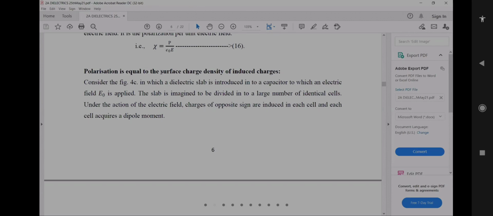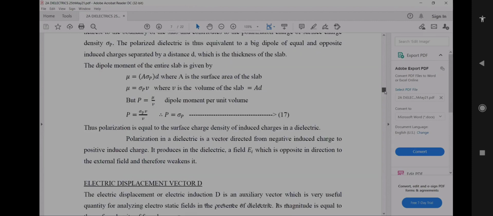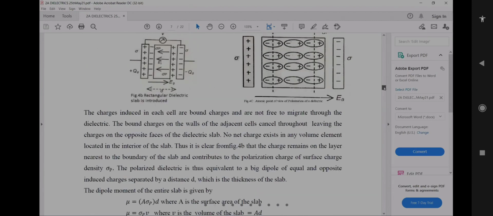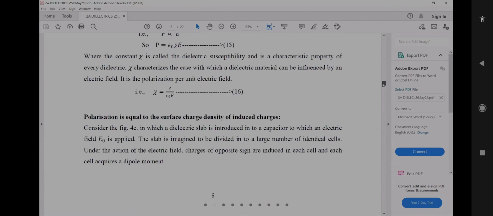Okay, polarization is equal to the surface charge density of the induced charges. To prove this, consider figure 4c, in which a dielectric slab is introduced into a capacitor to which an electric field E0 is applied.